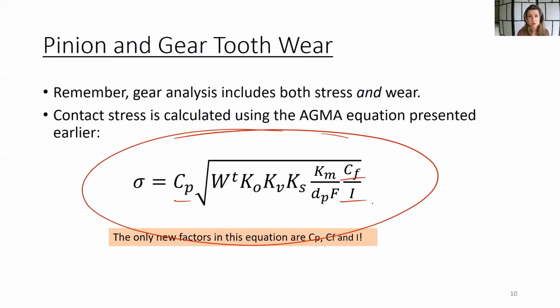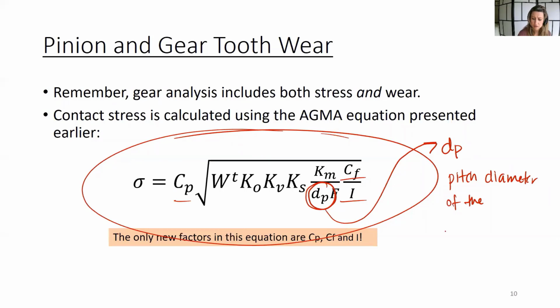Other than that, it's just a rearrangement of the other factors. Note here, this always throws students off: this DP, even if you're analyzing the gear, is the pitch diameter of the pinion. We use the pitch diameter of the pinion even when we're looking at the contact stress that develops in the gear that's meshing with the pinion. Just take note of that.